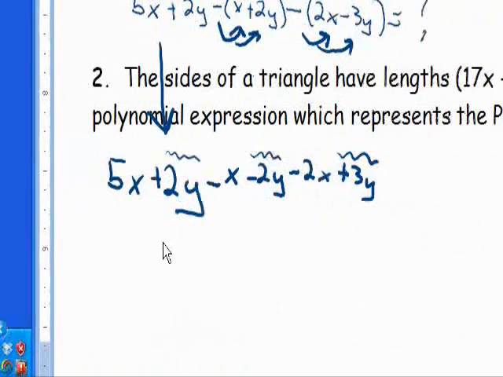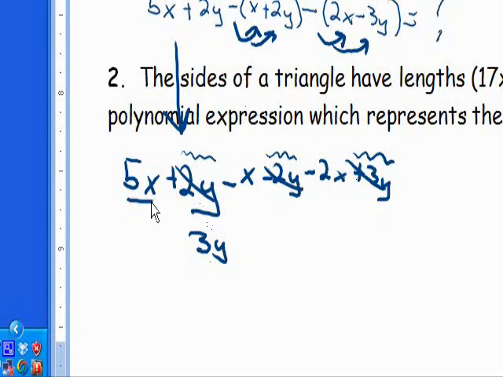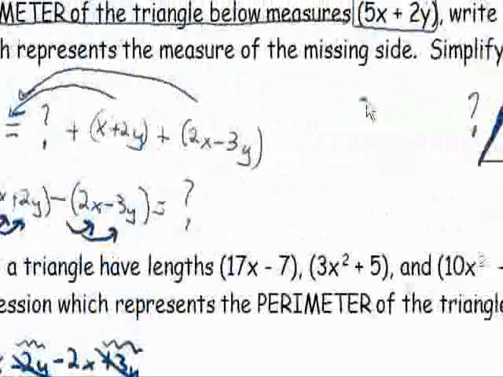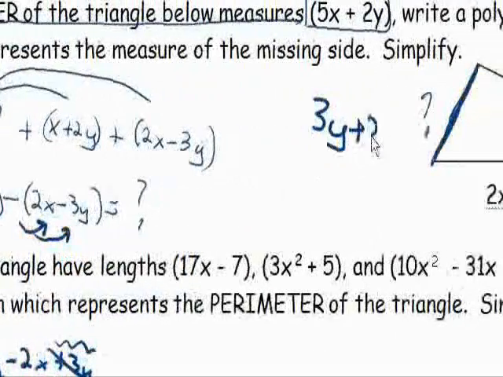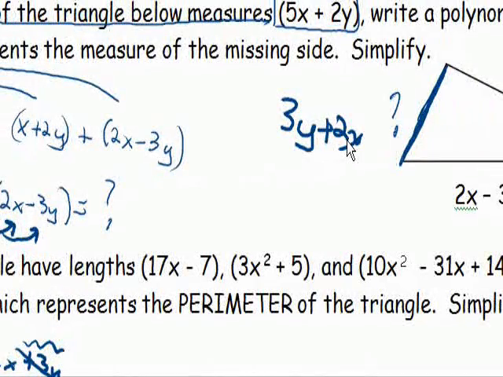So we see that the y terms all become 3y because these two cancel out. Let's look at our x terms. 5x minus x is 4x, minus 2x is 2x. That is the length of our missing side. 3y plus 2x.